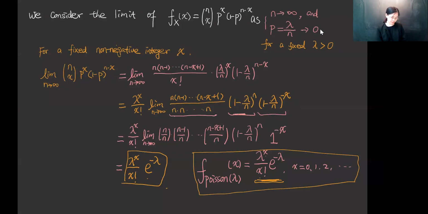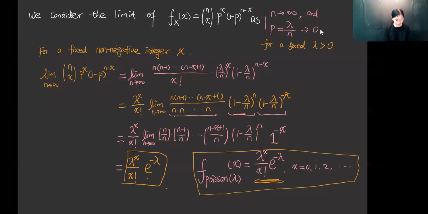So that's why using the Poisson distribution to approximate the binomial can give you a more accurate answer to probabilities of certain events. That's when n approaches infinity and p approaches 0 proportionally with 1 over n.